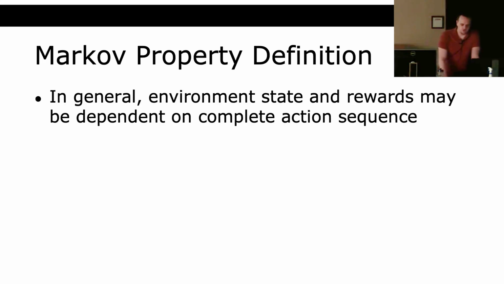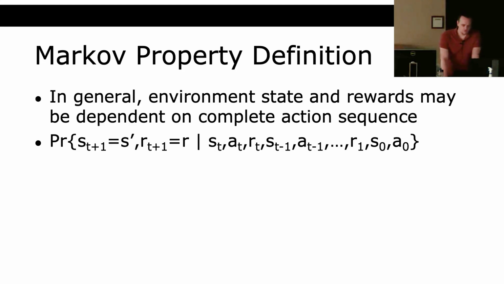If we want to define it a bit more mathematically, in general, environment states and rewards may be dependent on the complete action sequence. Mathematically, I'm going to use Pr here for probability. The left of this bar is what's going to happen, and to the right of the bar are the things that it's dependent on.